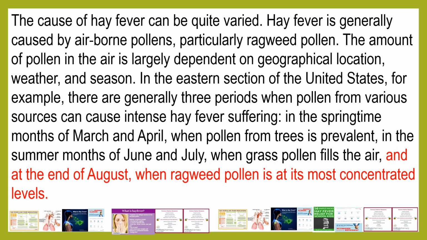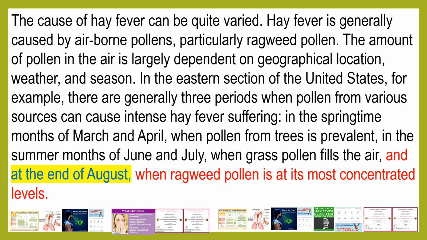This is paragraph 2. Perhatikan bagian kalimat yang berwarna merah. And at the end of August, when ragweed pollen is at its most concentrated levels, yaitu pada akhir bulan Agustus ketika serbuk sari dari tanaman ragweed berada pada tingkat konsentrasinya yang tertinggi.